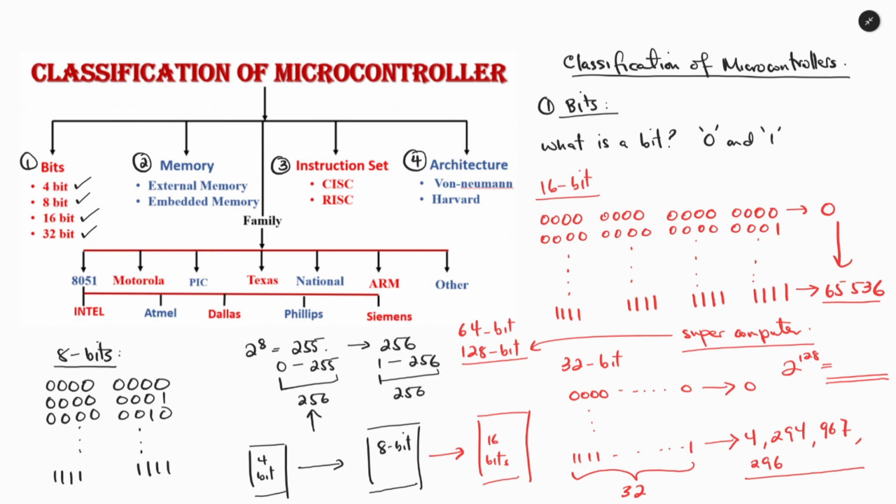And I believe you can fully understand why a microcontroller is classified in terms of the number of bits, because different numbers of bits may differentiate between each of the microcontrollers available in the market.